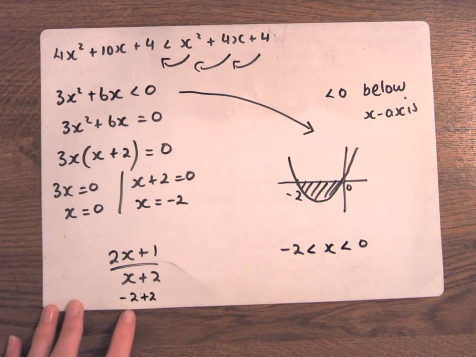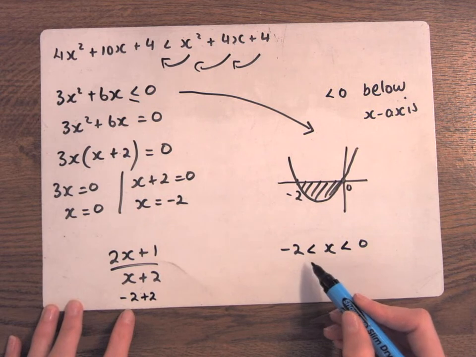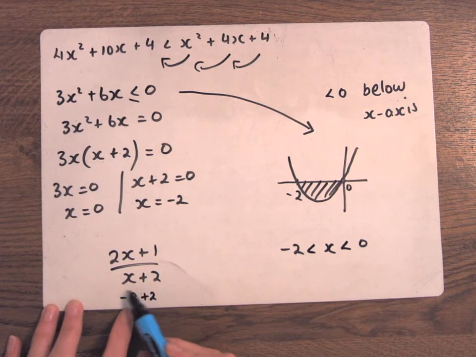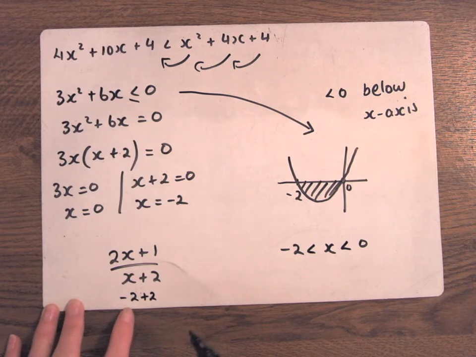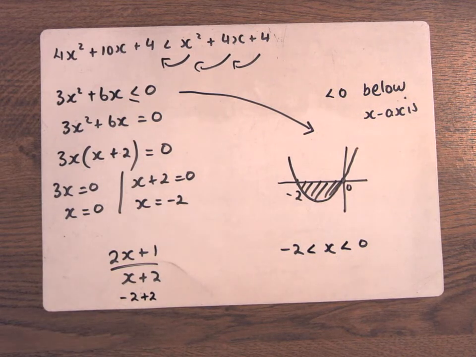And you can't have 0 on the bottom of a fraction. So, even if this was or equal to, in my answer, I wouldn't put an or equal to there. Because it couldn't be minus 2. You can't have 0 on the bottom of a fraction. They shouldn't ask it, but sometimes some of the pre's like to just throw these things in.